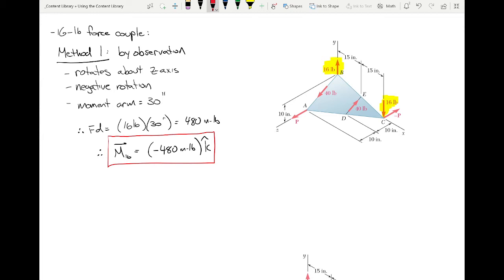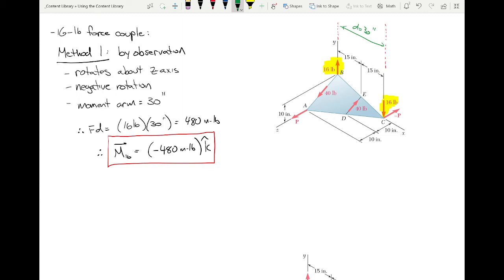D is the shortest distance between those lines of action, right? The shortest distance between this line and this line is that perpendicular distance, which in 3D, I'm sorry, I need to be accurate, in 3D is that distance, which is 30 inches. That's a great question, okay?